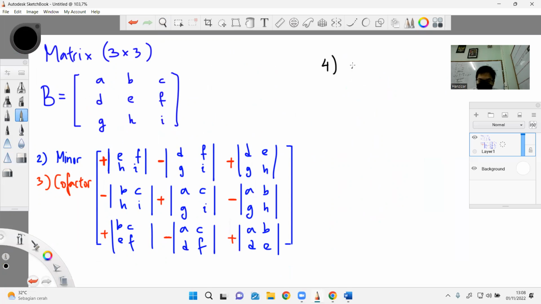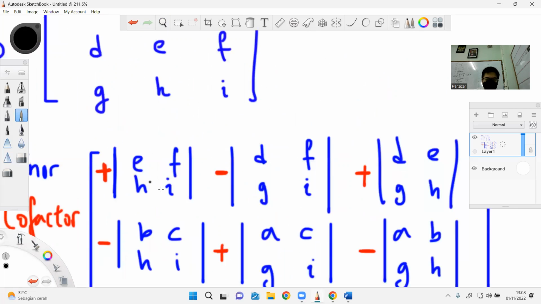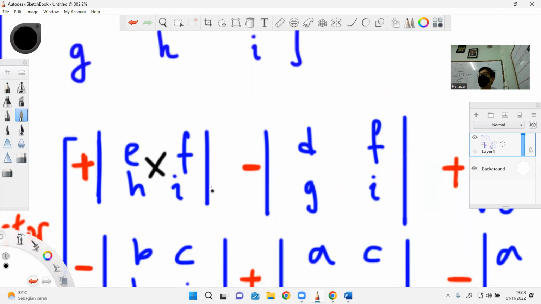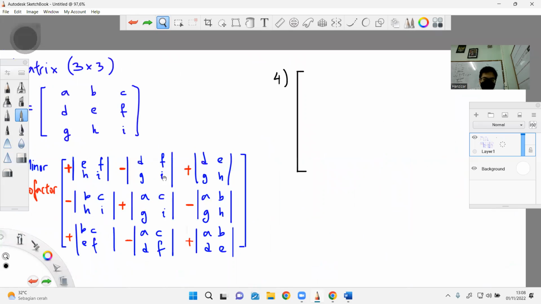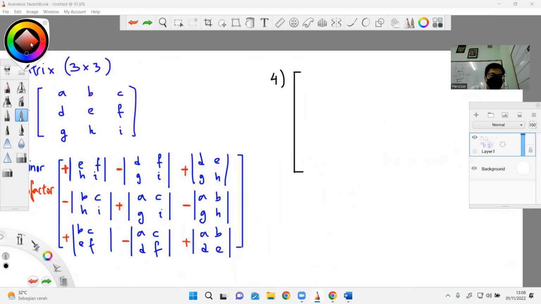So before we do the adjoint, we try to find the determinant inside. So we have the determinant inside the cofactor. Oh, okay, it's challenging. But again, we start by putting on the sign first. Do it super detailed and super neat.